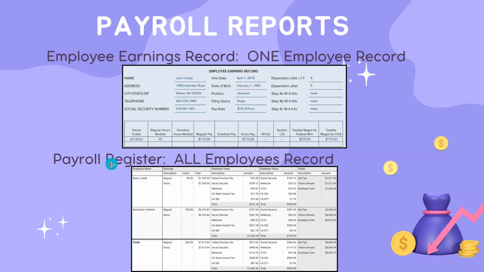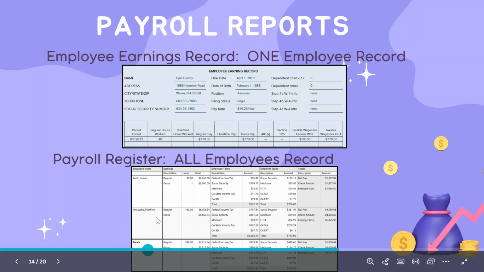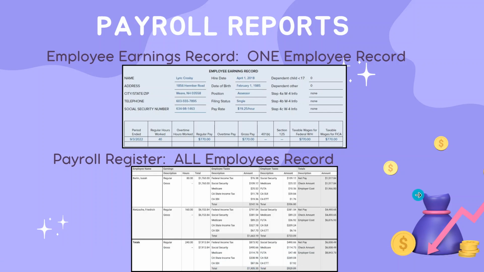Whereas a payroll register lists all the employees and the totals for all of them together. Okay. This is so you can keep track of the total earnings. Remember, you don't have to pay taxes on everything if they've reached the maximum amount that is taxable. Okay. So know the difference between these two.